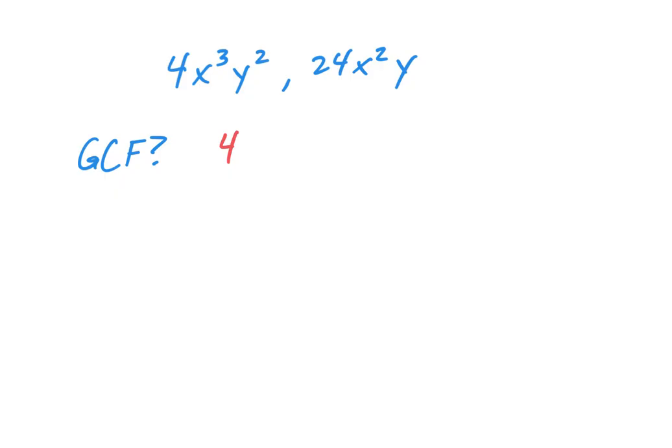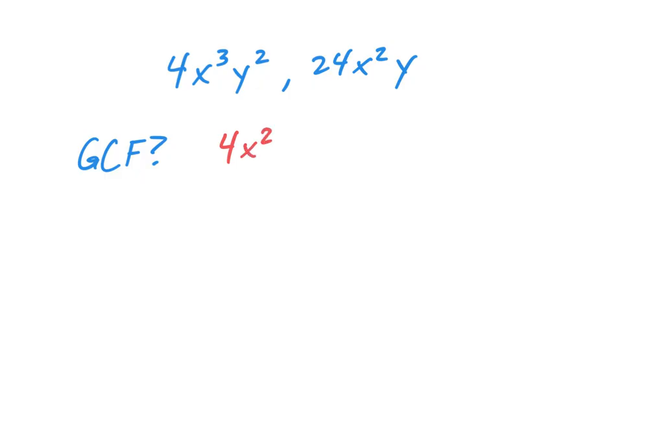Like, for instance here, 4 was the highest thing I could take out. 8 goes into 24, but 8 doesn't go into 4, right? Because 4 is not big enough. So same thing here. If I have 3 x's over here and 2 x's on the right, what's the most x's that I could take out? 2, right? And so we would say x squared would be the most x's that they have in common.